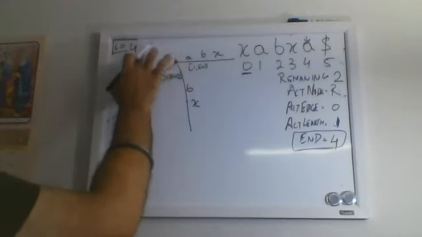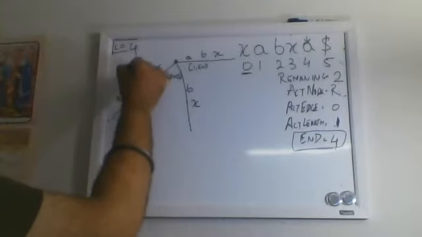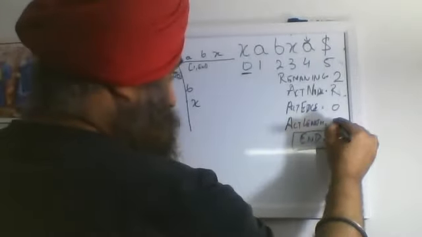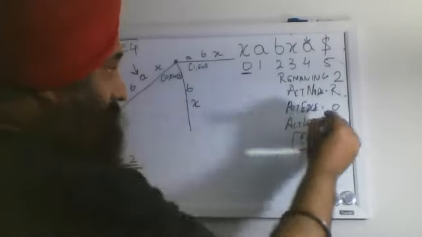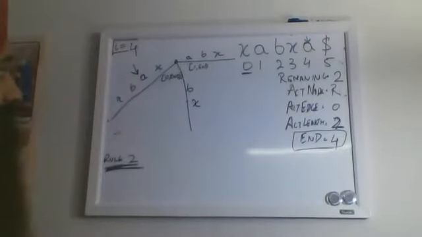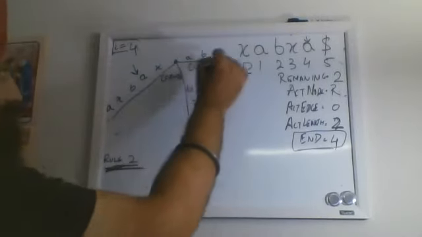We check that after x, a is present. This becomes our new active point. Our active length is incremented by 1, it becomes 2. And at the start of this phase, a was automatically applied to end.